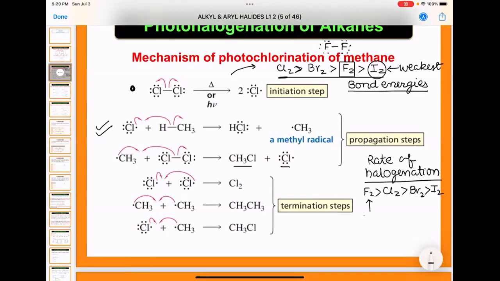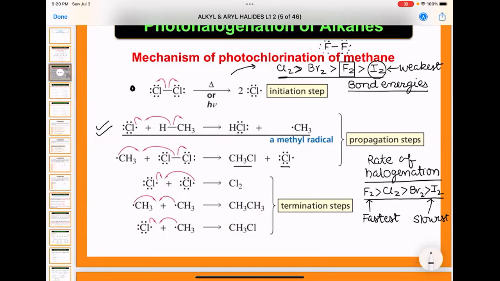This is fastest, and this is slowest. So this trend of the rate of photohalogenation is not matching with the bond energies. So the bond energies will not decide the rate of the reaction. So the first step is not the rate determining step. This step is the rate determining step. Do remember this.